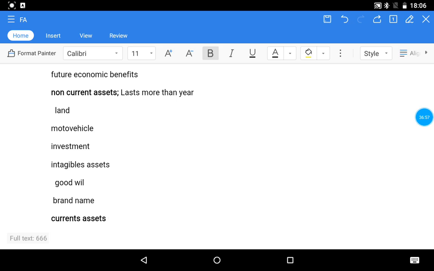Current assets are commonly within the day-to-day running of the business, because here you know anytime during the day you receive that money.